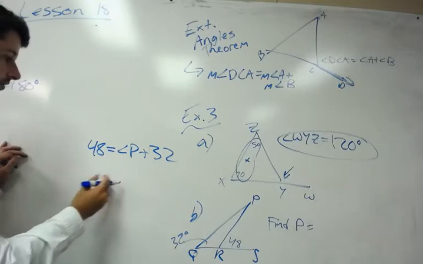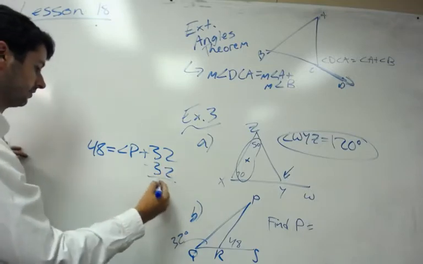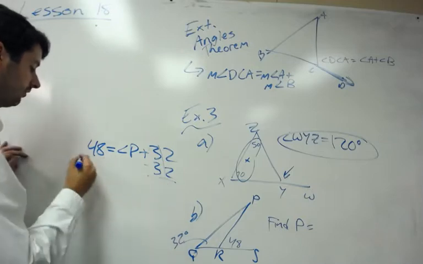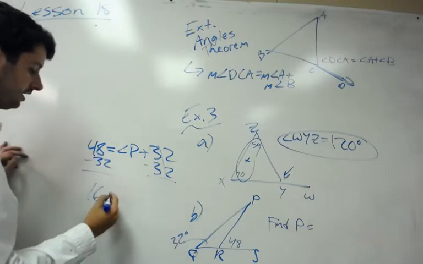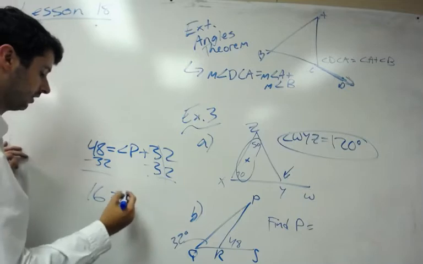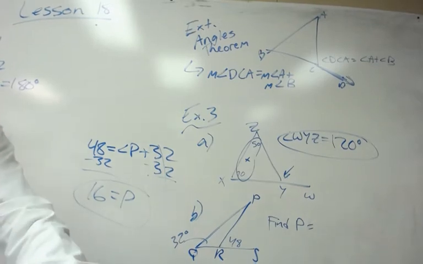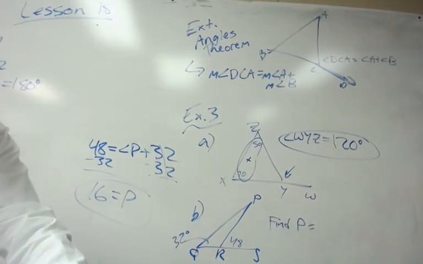So we solve for that, subtract both sides, and you get 16 degrees for angle P, and that would be your answer. And that's all there is to the exterior angles theorem. So just a couple easy math concepts with the triangle sum theorem and exterior angle theorem for triangle algebra. And that concludes lesson 18.